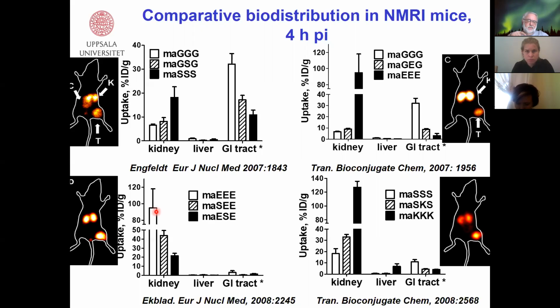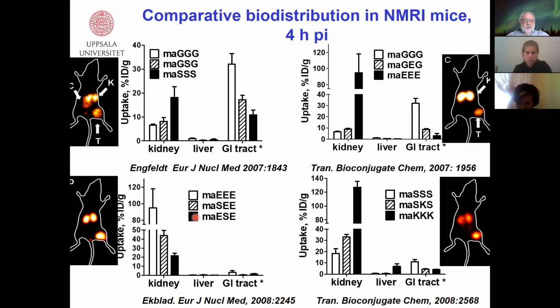If we used the variant with serine, glutamate, or glutamate, serine, they were absolutely equal, and activity in the kidney was reduced more than twofold.